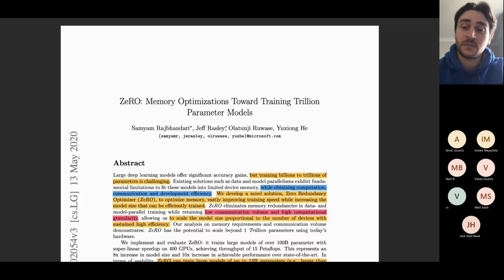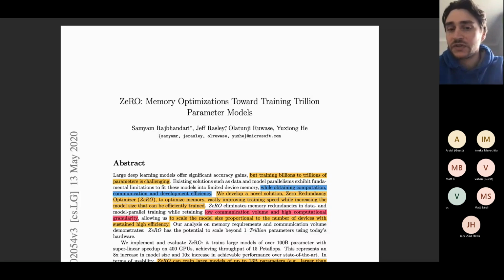So they're trying to find ways to use as little memory on each GPU as possible, while also minimizing the amount of communication required between GPUs and nodes, because that would increase the training time and maybe make their solution for memory optimization kind of redundant.